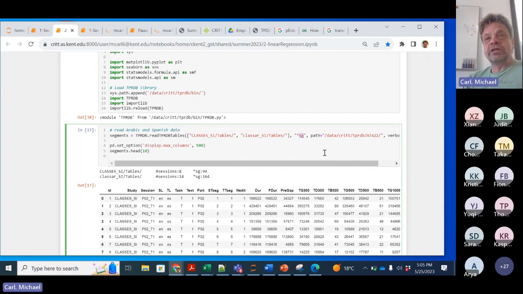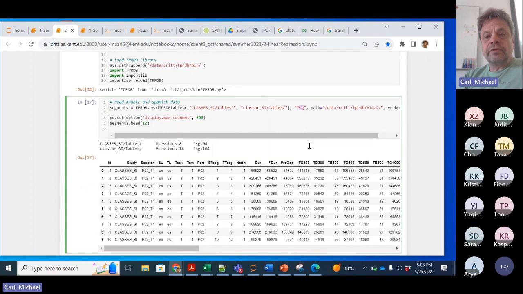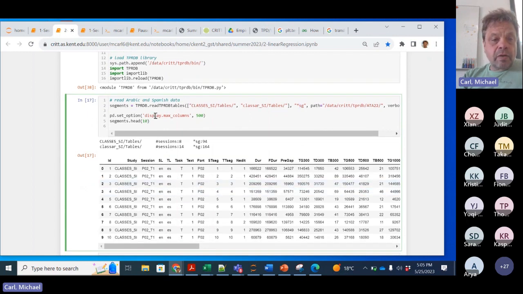Yesterday we looked at the session level, so a whole translation session was summarized in one table. This one here looks into a segment, so we can load this data here and show the first 10 lines. So this is the variable segments, which contains now how many?